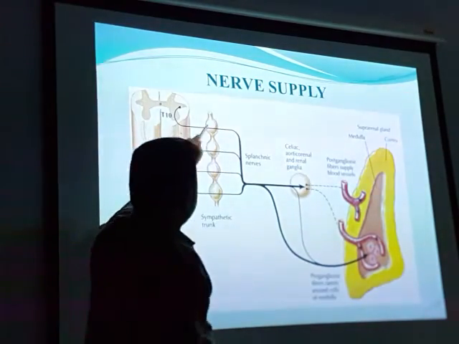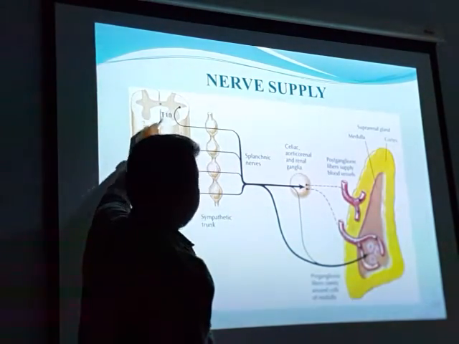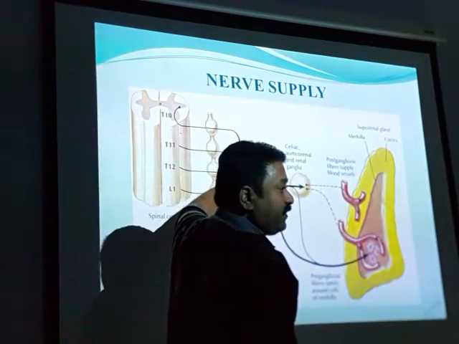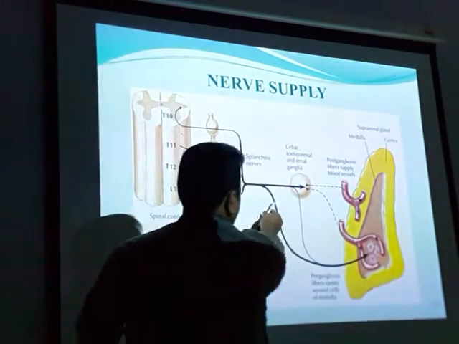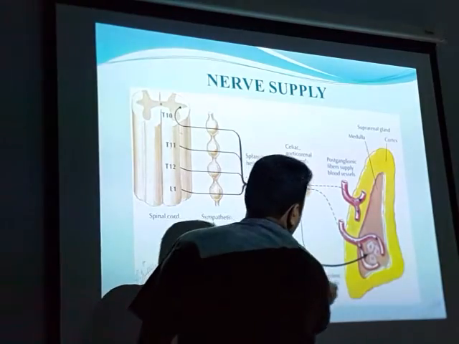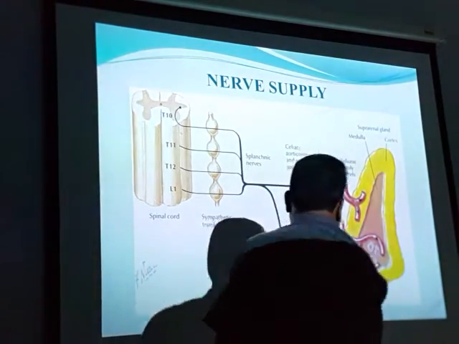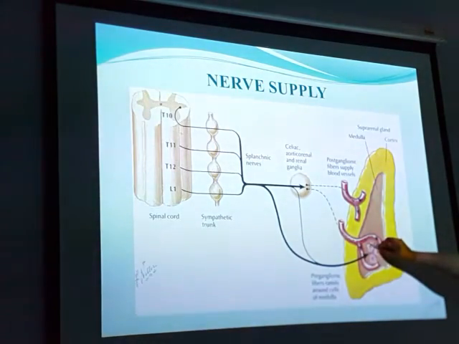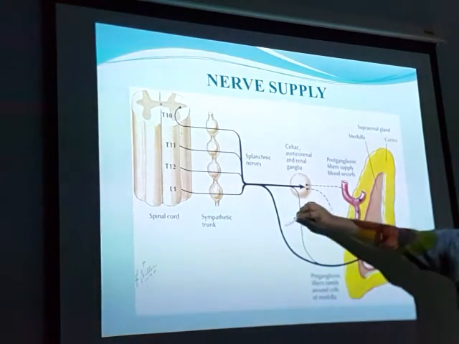So this is the sympathetic trunk from T10 to L1. It gives rise to the splanchnic nerve here, preganglionic fibers, which supply the medulla of the suprarenal gland.